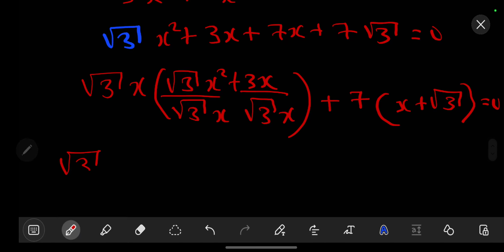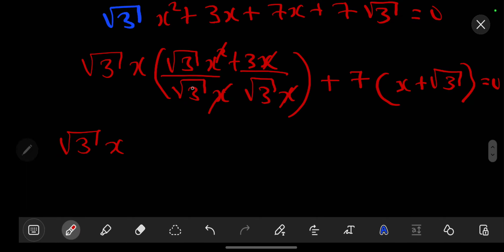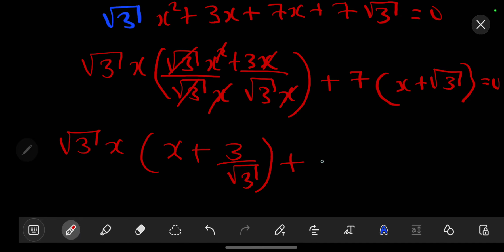So we are going to end up with this situation. We have the square root of 3 x, then we cancel this and that, x and x will go, and even this one and this one will go. So on top we are just remaining with x plus 3 over the square root of 3, then plus 7 times x plus the square root of 3, which should be equal to 0.